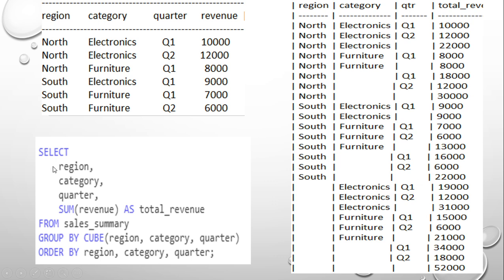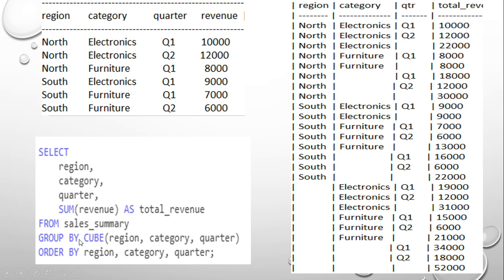At the end, after the regional subtotals are over, it gives the individual category subtotals for quarter, and then the electronics total, or categorical total, by adding both quarters. Then it gives the quarter totals, quarter 1 and quarter 2 individually, and at the end the grand total.